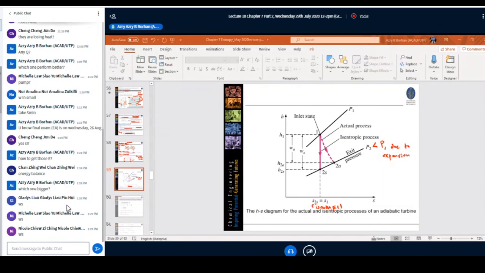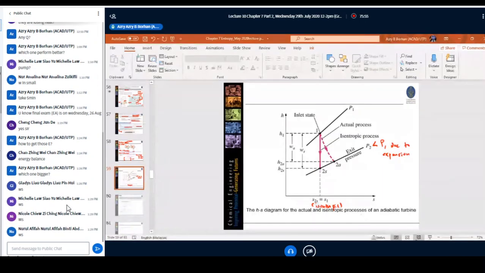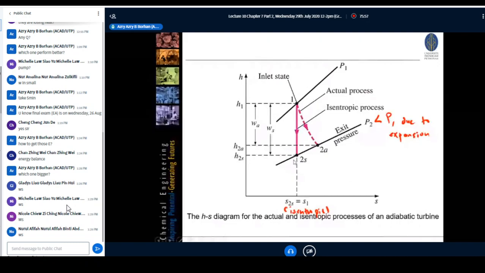Okay, of course, obviously the WS. Work due to the isentropic process, right, will be produced. So here, WS is greater than WA, right? So as you can see, this slight curve and dotted line represent your actual one. So from here it is obvious we can see that WS is greater than WA.